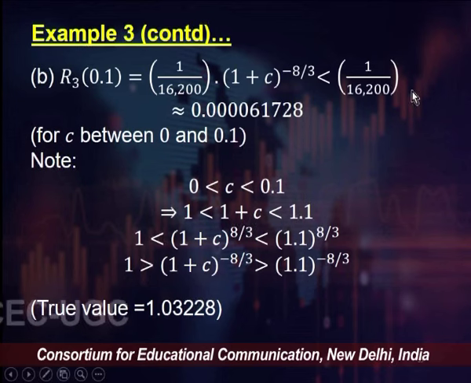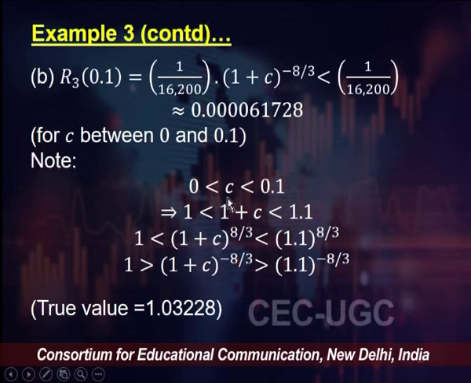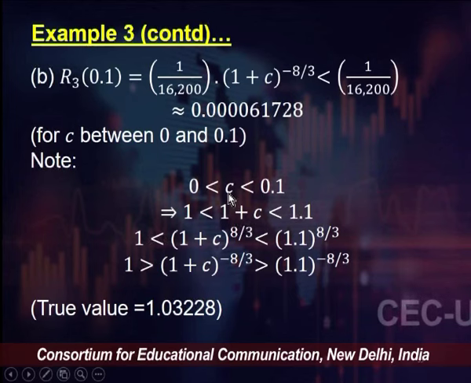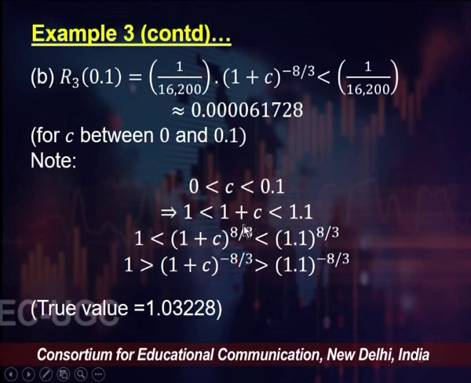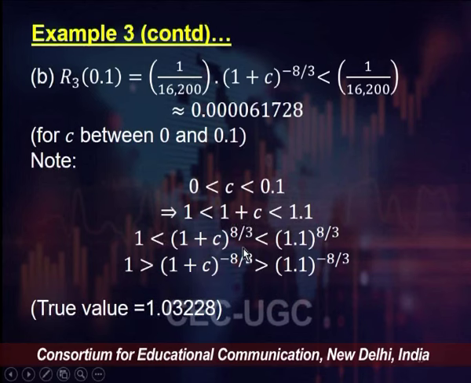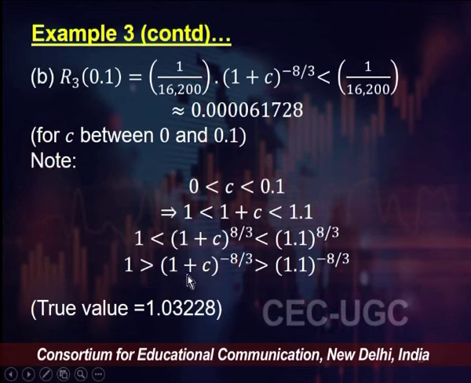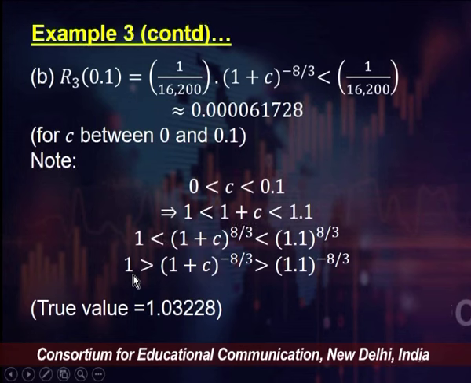Alternatively, if you can't understand the intuition that I am giving you, you can just do the mathematical calculation, because c lies between 0 and 0.1, 1 plus c will lie between 1 and 1.1, then raise everything to the power 8 by 3 and reverse the inequality. So you get the upper bound to 1 plus c to the power minus 8 by 3 as 1 itself.